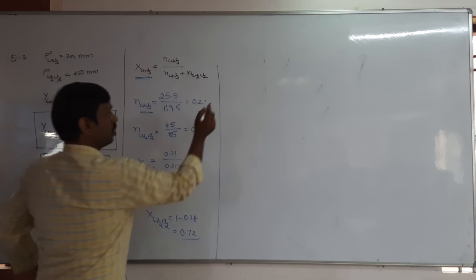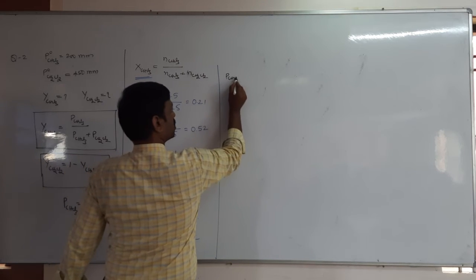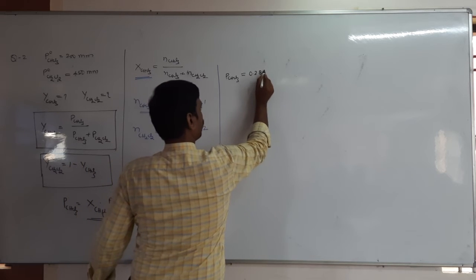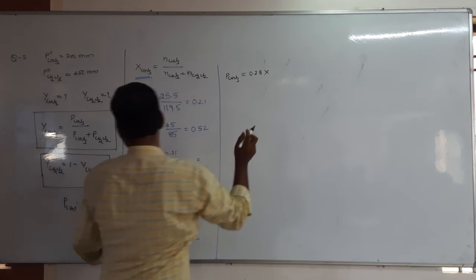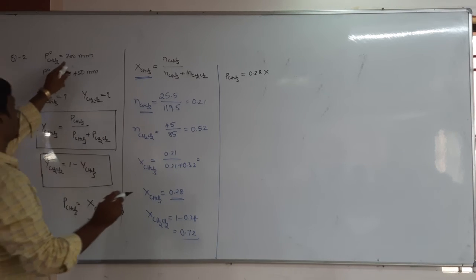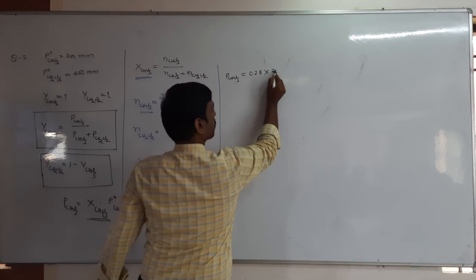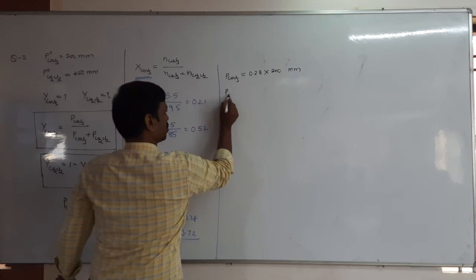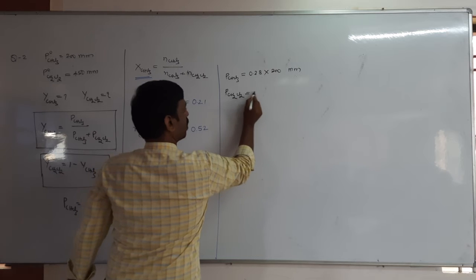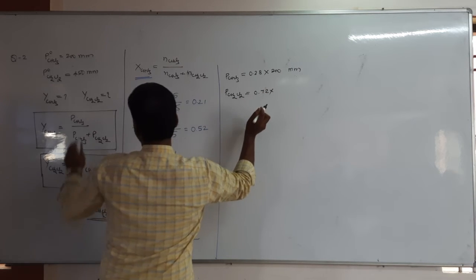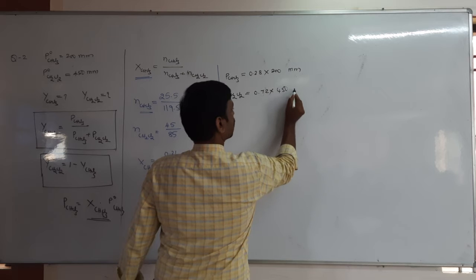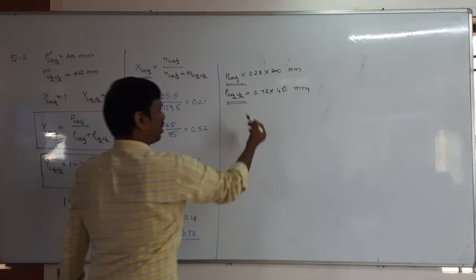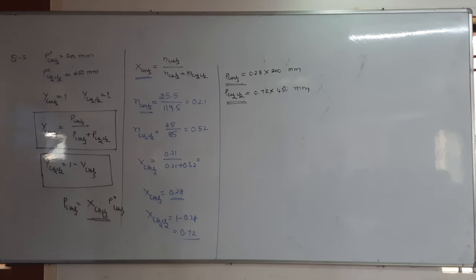P chloroform is equal to X chloroform 0.28 into P naught chloroform, which is given as 200, so we get the answer in mm of mercury. Next, P dichloromethane is 0.72 into 450, also in mm of mercury. You will get the partial vapor pressures of dichloromethane and chloroform.